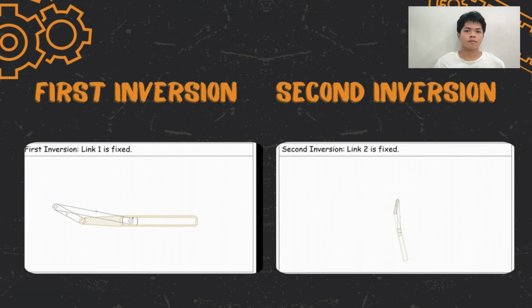And now, let us talk about the second inversion, where the connecting rod is fixed. The second inversion involves fixing the connecting rod. In this configuration, the crank rotates around its pivot connected to link 2, driving the coupler to move. This motion in turn causes the slider to reciprocate and the frame remains stationary as the base.